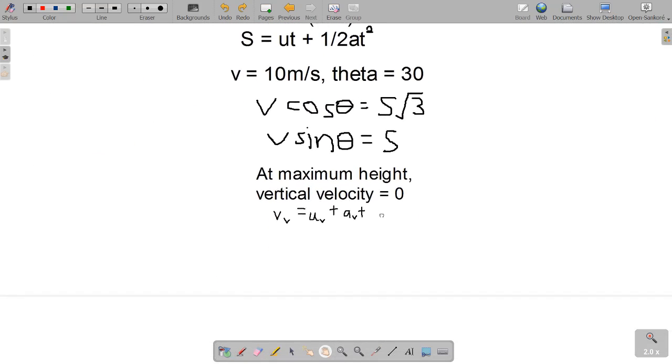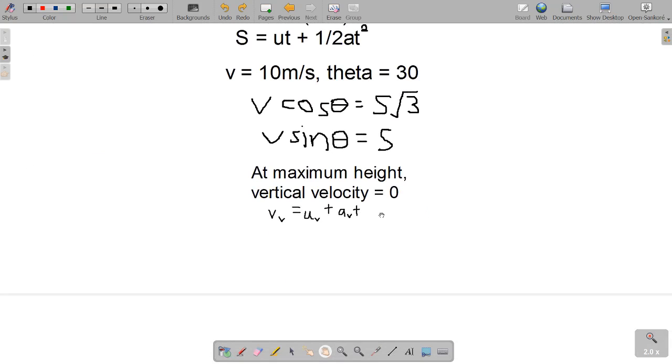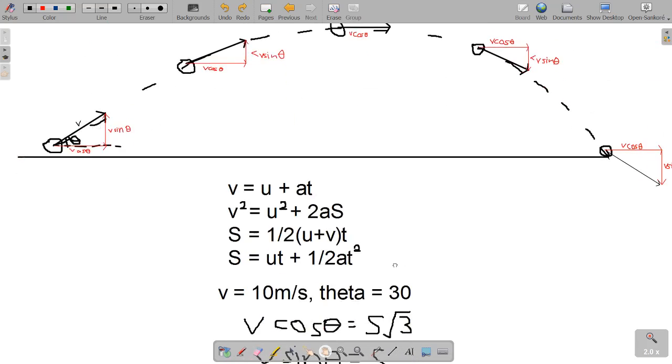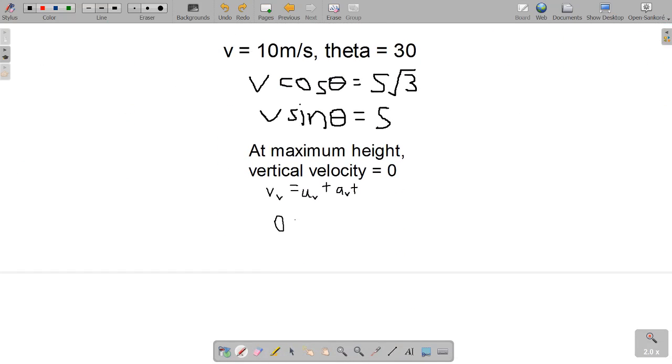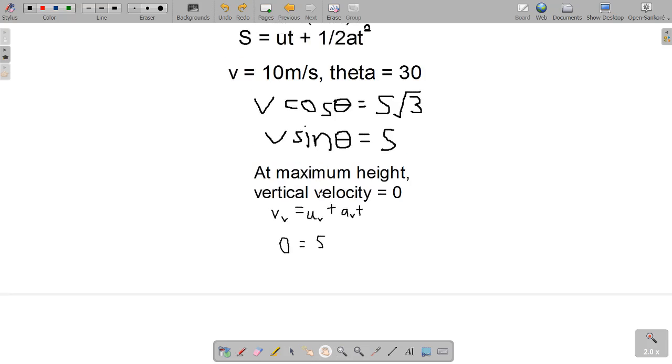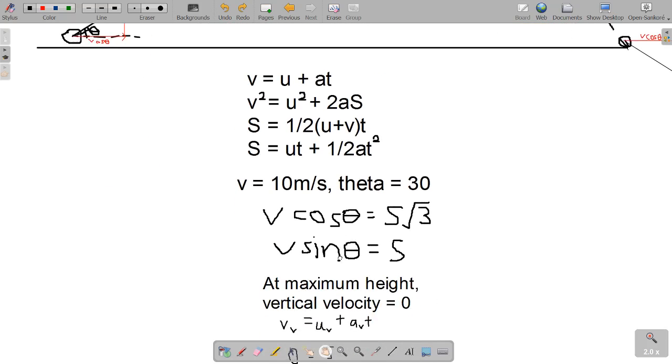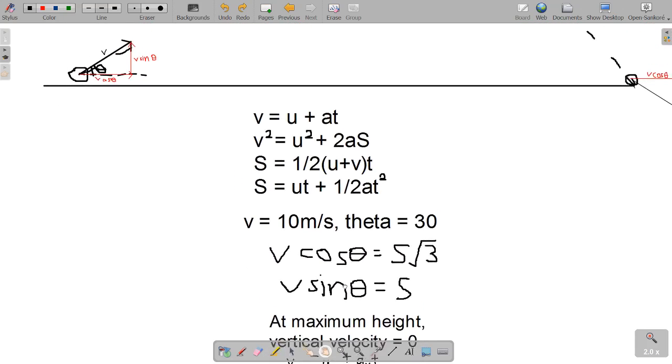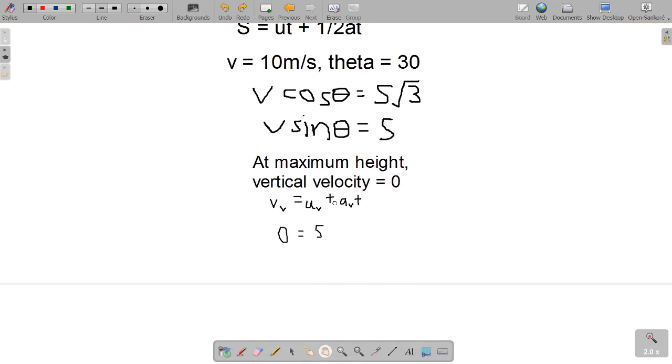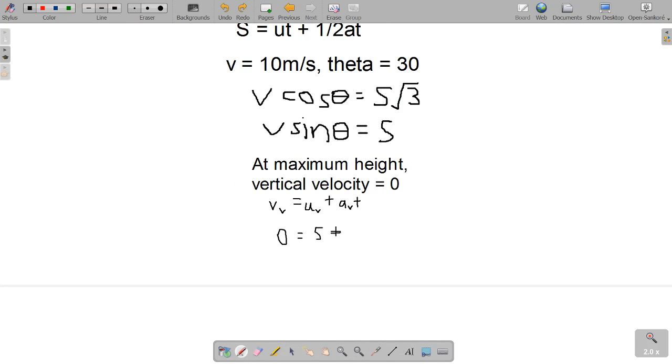Assuming the upward direction is positive, we have 0, because the vertical component at max height is 0, equals 5, because here u is 5, plus minus 10, because of the acceleration of gravity, times t. Using that you can solve for t. I'm not going to care about sig figs for now.